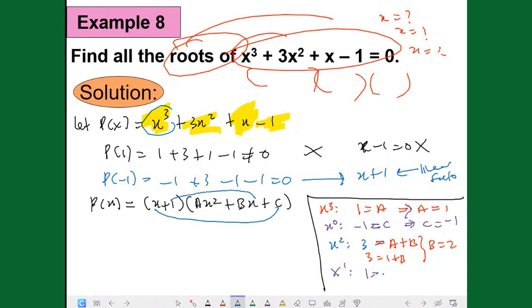So C plus B. So C tadi negative 1. So therefore B is equal to 2. Betul. Kena double check takut careless ni. So teruskan perjuangan. Dapat x squared plus 2x minus 1: A dia 1, B dia 2, C dia negative 1.